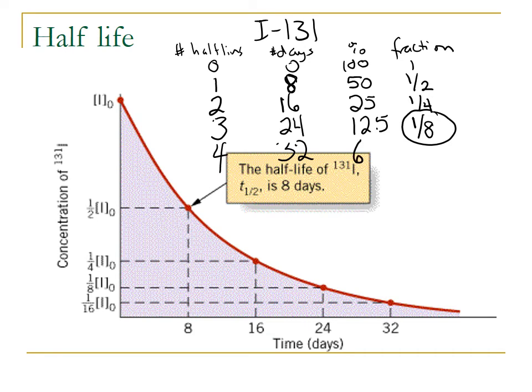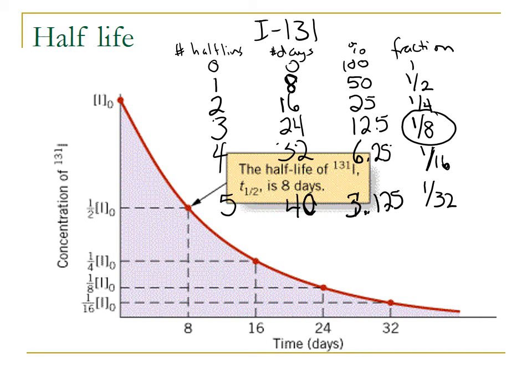You're down to 6.25%, or 1/16. Let's try it again. If you go 5 half-lives, you're at 40 days after the original. Your percent drops to 3.125%. The fraction would be half of that, which would be 1/32. And you can keep going.